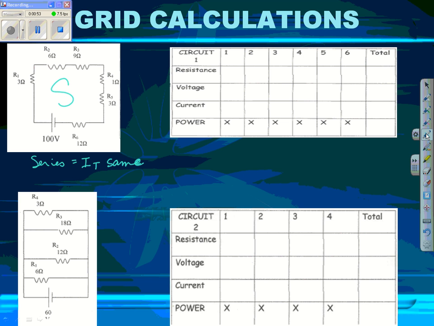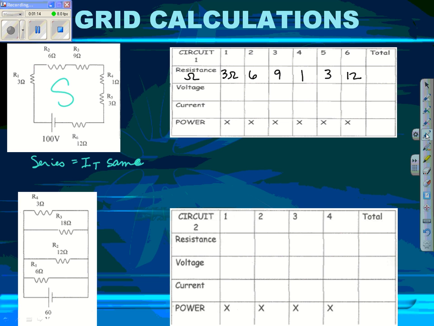So we can write down some basic information just from our picture. We can write down that resistor 1 is 3 ohms, and I'm just going to write an ohm here so I don't have to write that all the time. Then 2 is 6, 3 is 9, 4 is 1, 5 is 3, and 6 is 12.